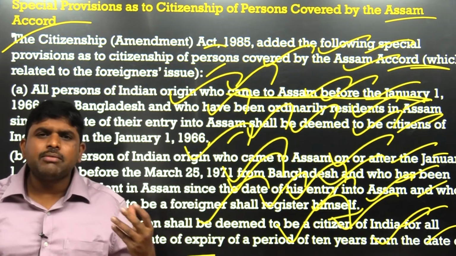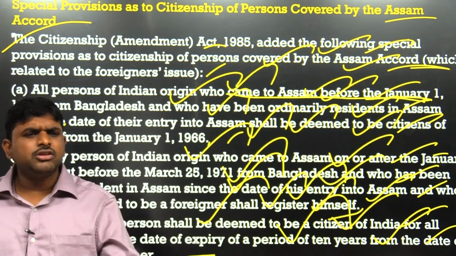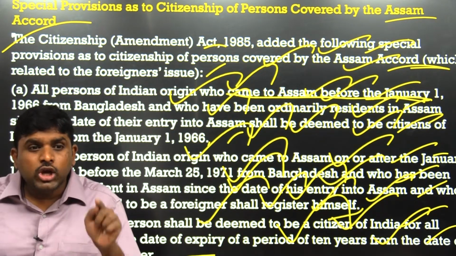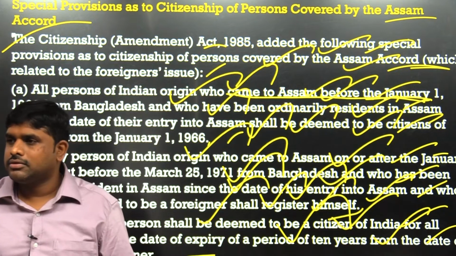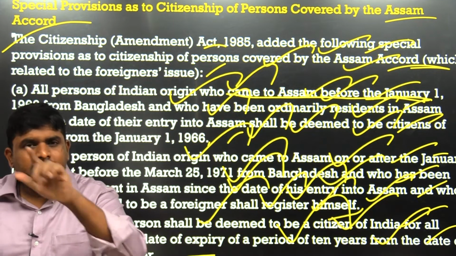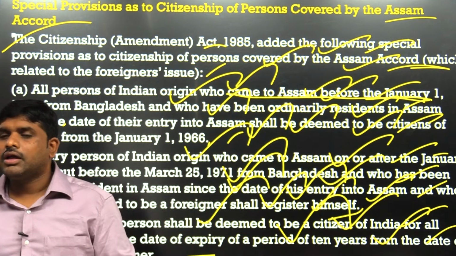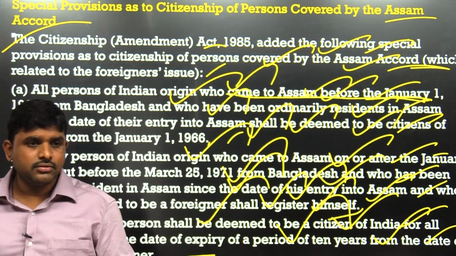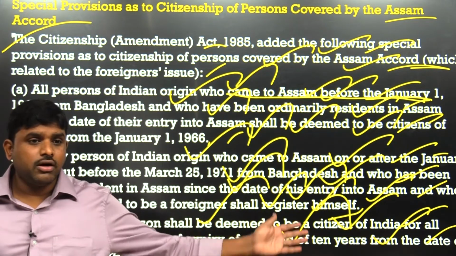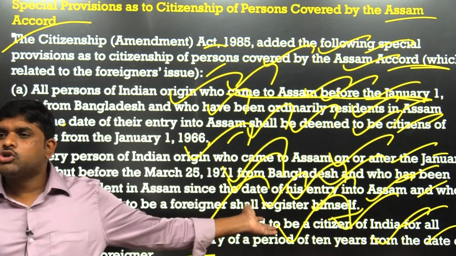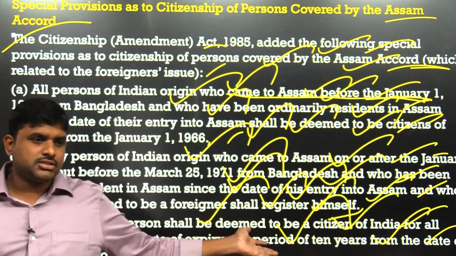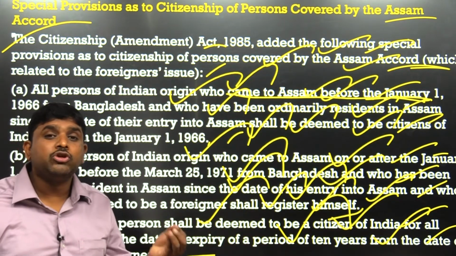In the UPSC interview, Assam Accord, Citizenship Amendment Act, it's news, no? It's every time news. See, it's not only about the Muslims, it's also about violating the Assam Accord. It is not only about the Muslims, it also violated the Assam Accord. Which year? 1986.